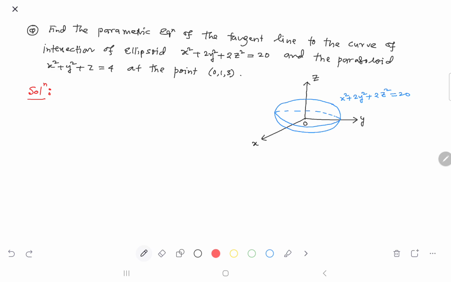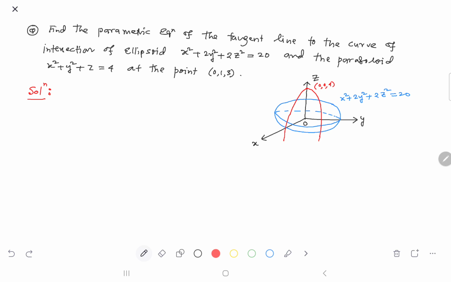The paraboloid will have its vertex at the point (0, 0, 4), maybe this place. So this is (0, 0, 4), and it will go down. It opens this way. Okay, Mayan?